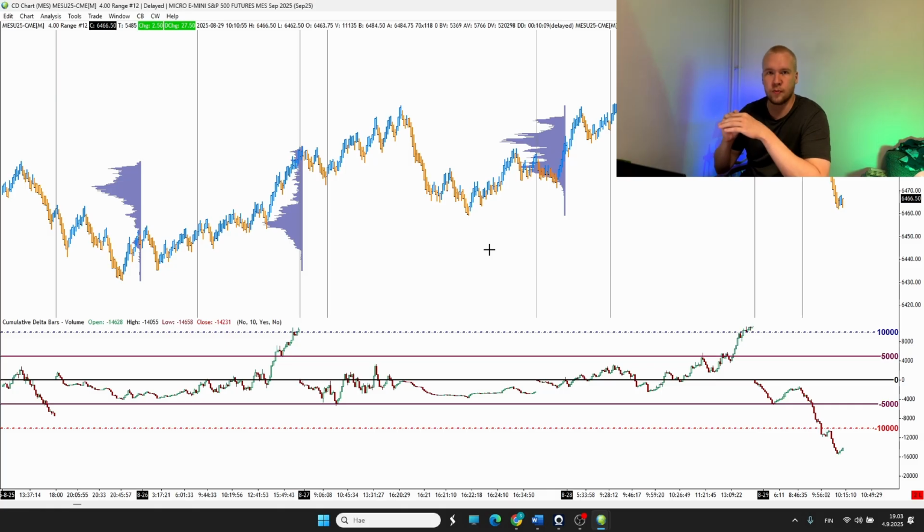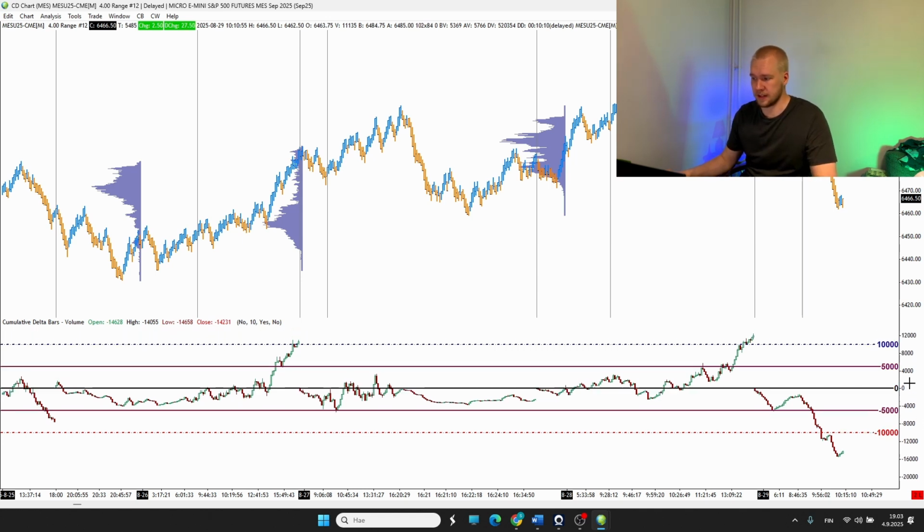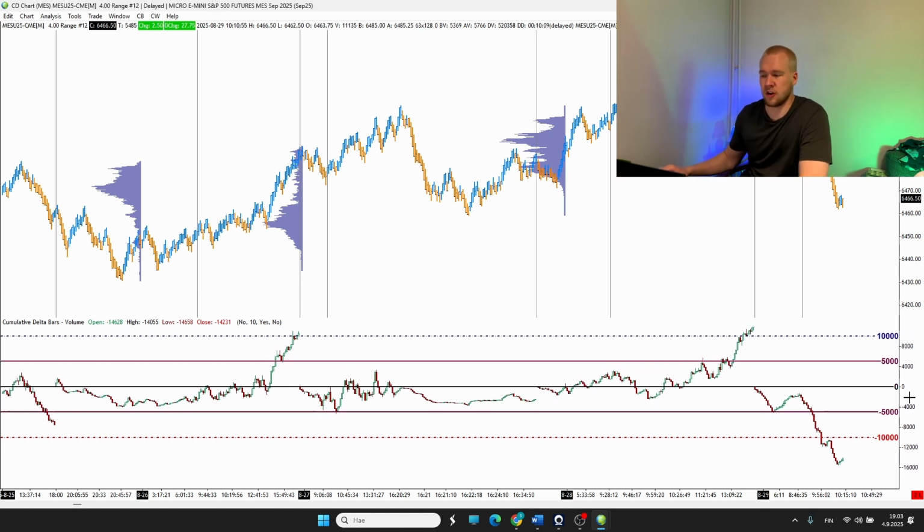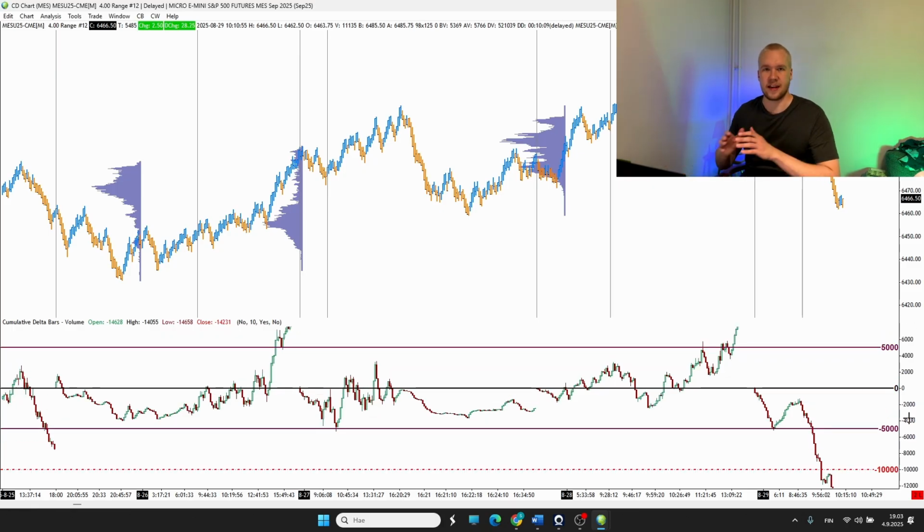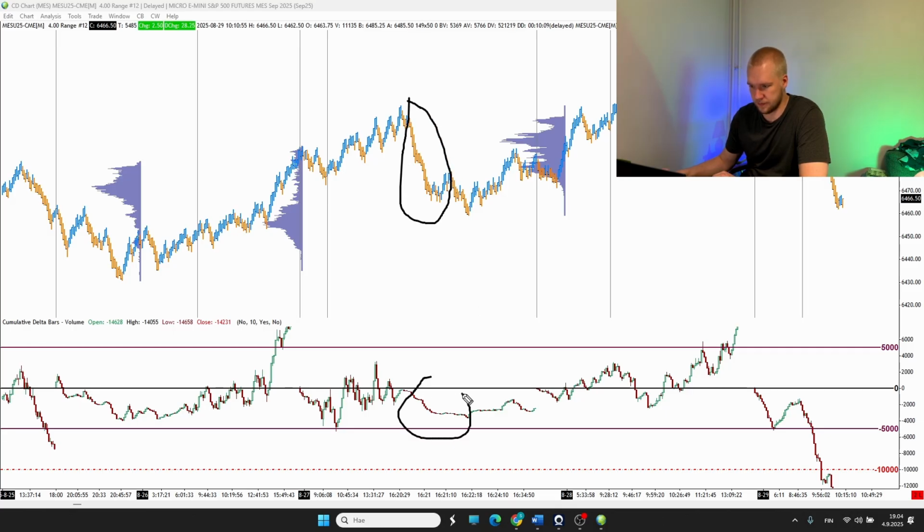Now, once you become experienced in looking at the cumulative delta, you're going to see it very often actually, but trying to find examples that are clear for everyone. But I have found a very good example here on exhaustion, or lagging as I like to say. And we're looking now at this region here, right?